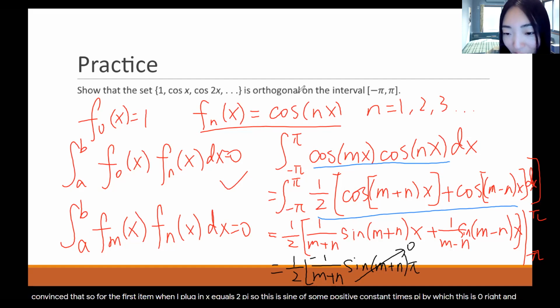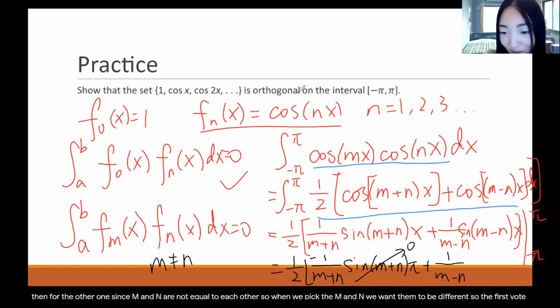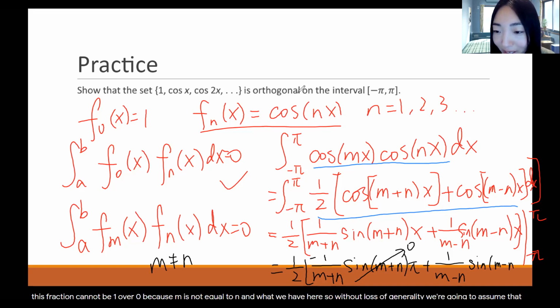And then for the other one, since m and n are not equal to each other, when we pick m and n, we want them to be different. So first of all, this fraction cannot be 1 over 0 because m is not equal to n. And without loss of generality, we're going to assume that m is greater than n.